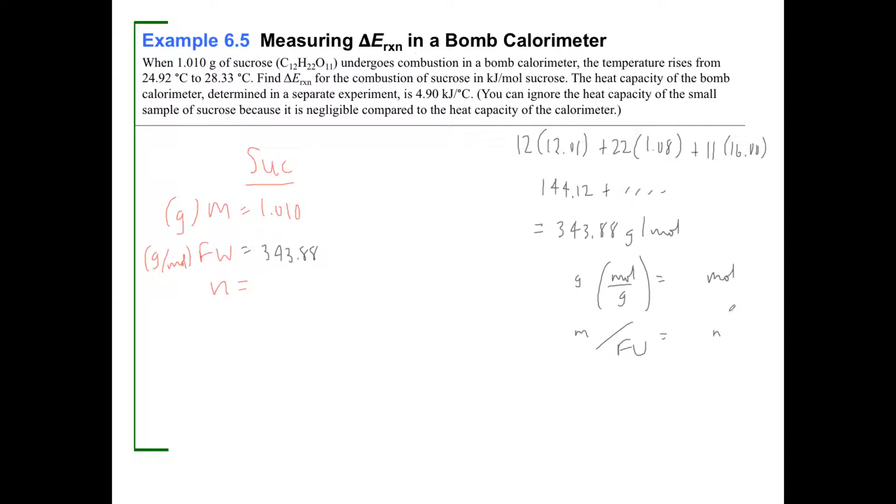What I'm doing right now is I'm taking the mass, 1.010, divided by that 343, and it gives me 2.937. Go back to red now. 2.937 times 10 to the minus 3. I hope you did that also. Okay, so that's how many moles I have of sucrose.